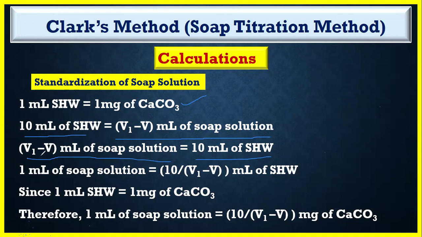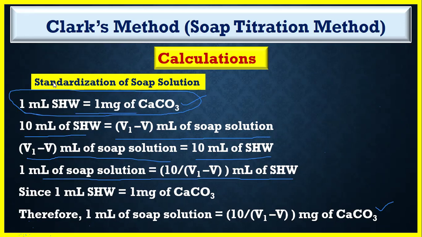So if V1 minus V ml of soap solution is equal to 10 ml, then 1 ml of soap solution is equal to 10 divided by V1 minus V ml of standard hard water. And we know the strength of standard hard water: 1 ml of standard hard water is equal to 1 milligram of calcium carbonate. So we can write here that 1 ml of soap solution is equal to 10 divided by V1 minus V milligram of calcium carbonate.